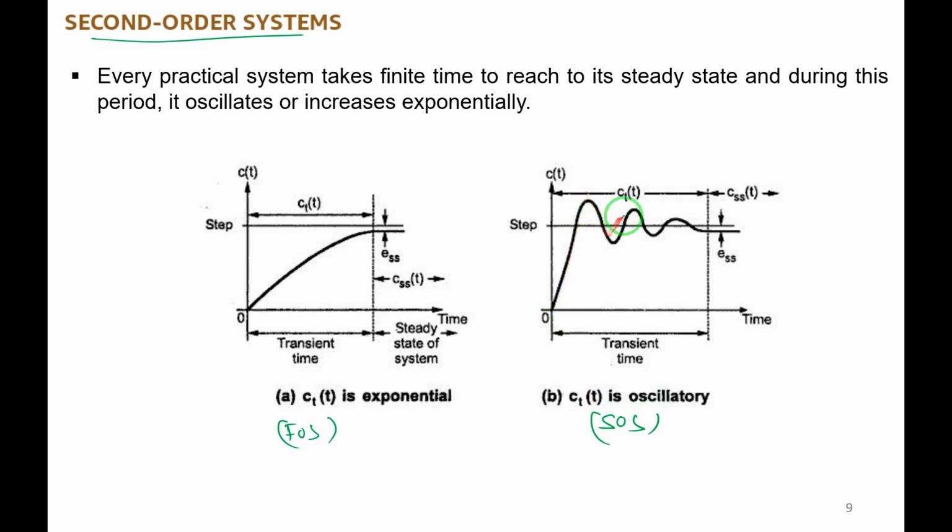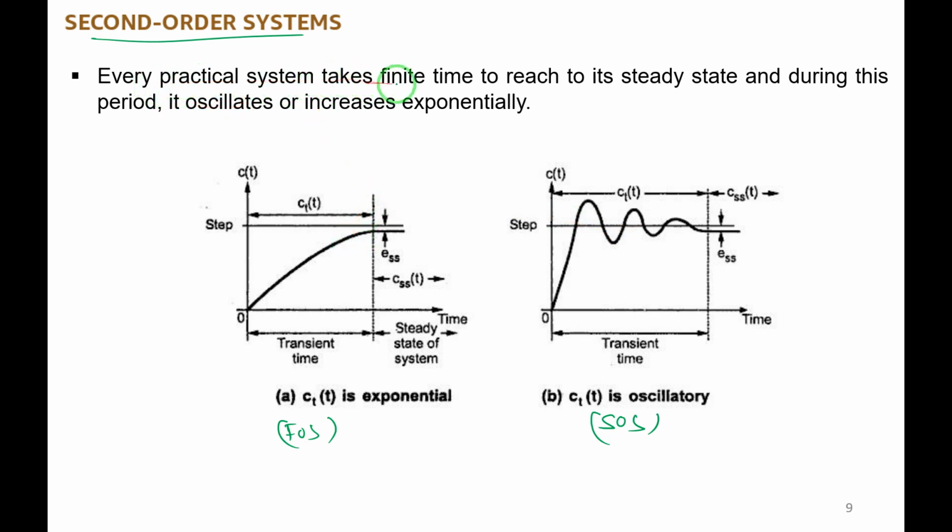It will increase and oscillations are going to die out, right, at time t equal to infinity. Damped oscillations. So this is the unit step response curve of the first order system. This we have seen already. Then this is the unit step response of the second order system, this figure B, right? Just we'll see this point.